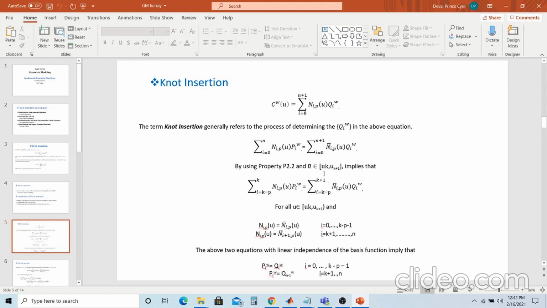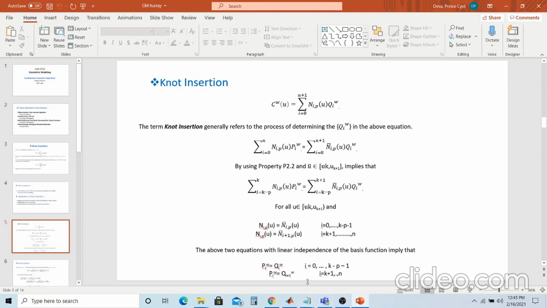By using previously defined properties, property 2.2 to be exact, we get summation i = k-p to k of N_{i,p}(u) P_i^w = summation i = k-1 to k+1 of N bar_{i,p}(u) Q_i^w for all u in [u_k, u_{k+1}), for these ranges of i.